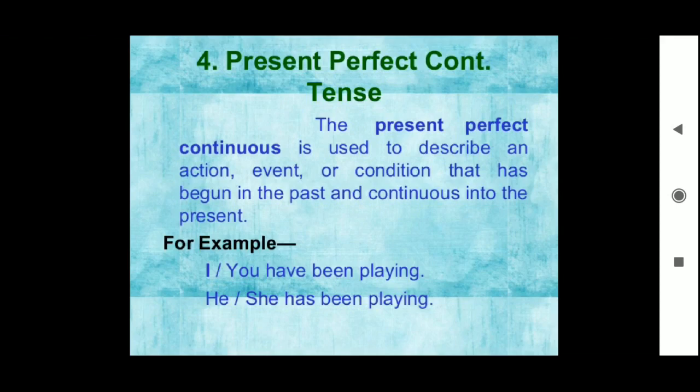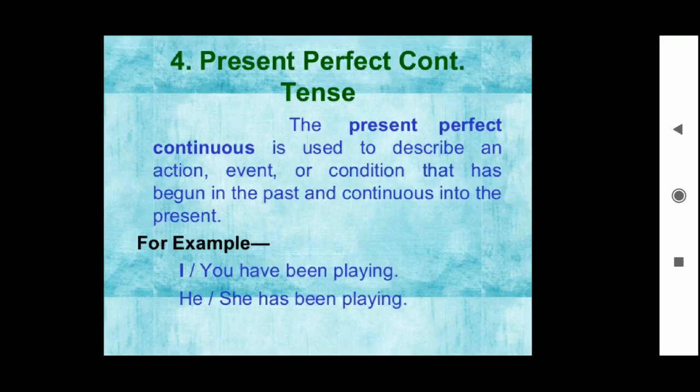For example, I or you have been playing, he or she has been playing. My dear students, you should know that if the subject is plural, we use have been plus ing form of the verb. If subject is singular, we use has been plus ing form of the verb.